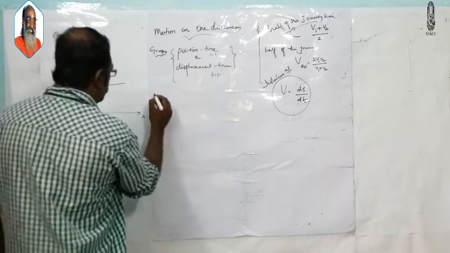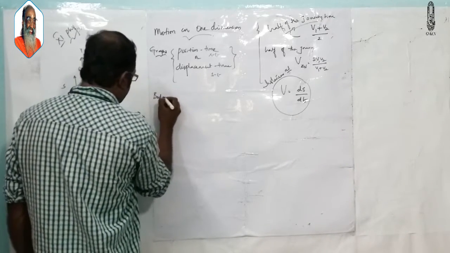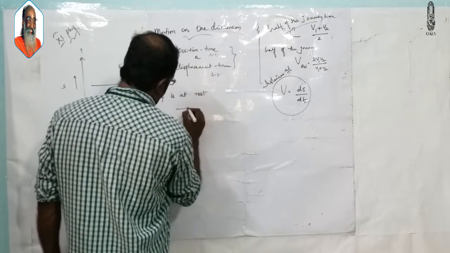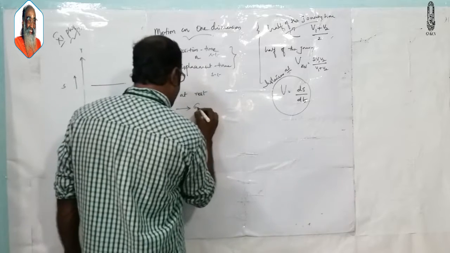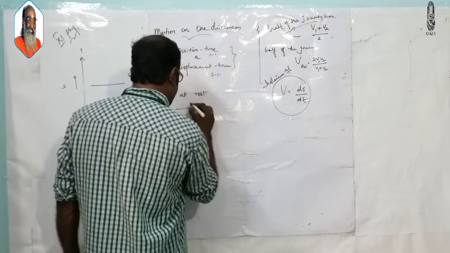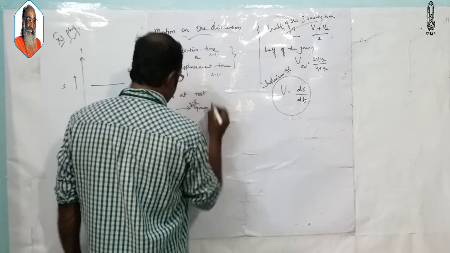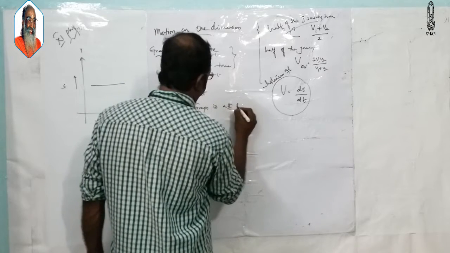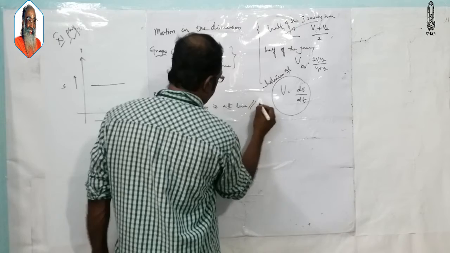So the body is at rest. If the body is at rest, the st graph is a straight line parallel to the x-axis.